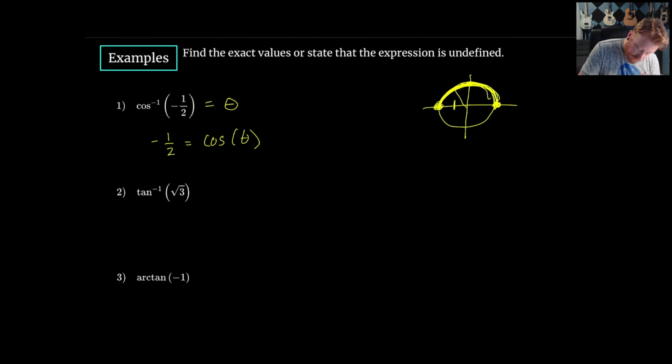That's right here. So I'm looking at this angle, and this is going to give me an angle theta of 2 pi over 3. So I'm just literally drawing my picture and using that to figure out what angle we must be looking at. And this angle here that we're looking at is 2 pi over 3.